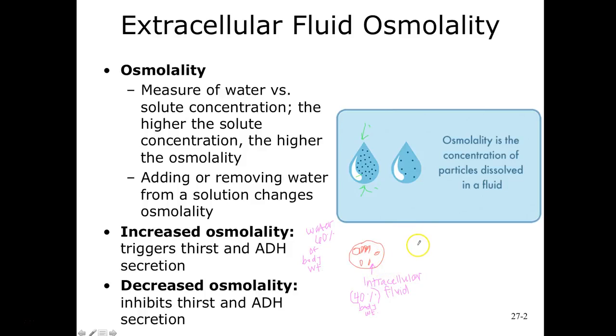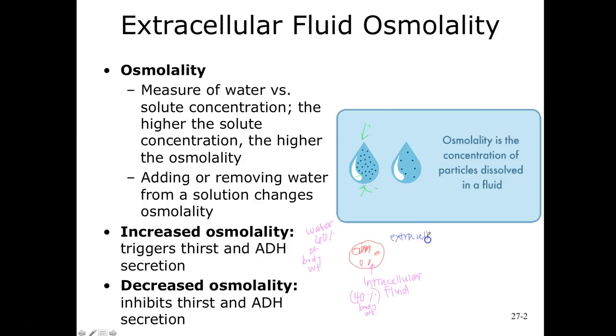And our other 1/3 that's left is everything outside of the cell. That is called our extracellular fluid, which we've already mentioned many times before in class.